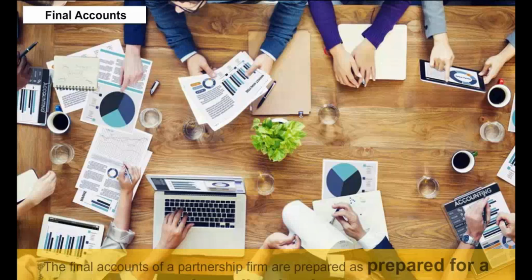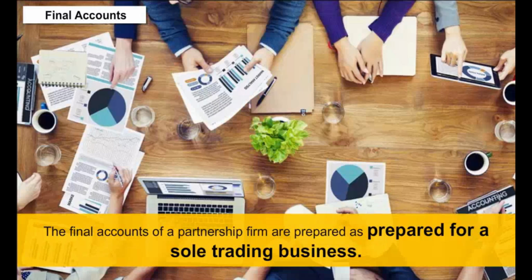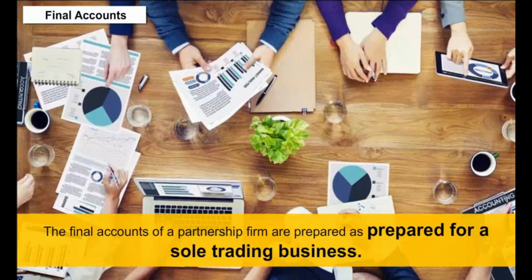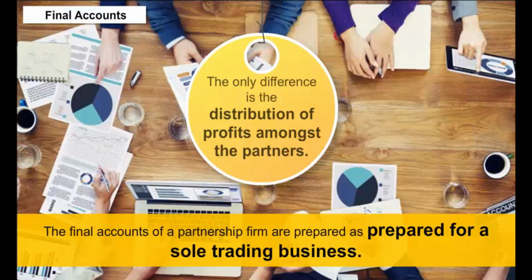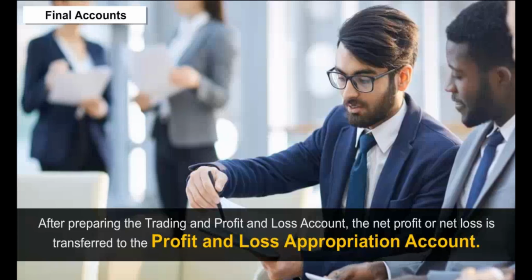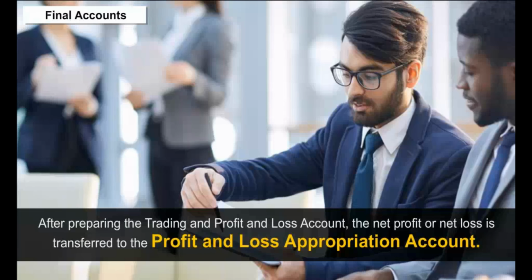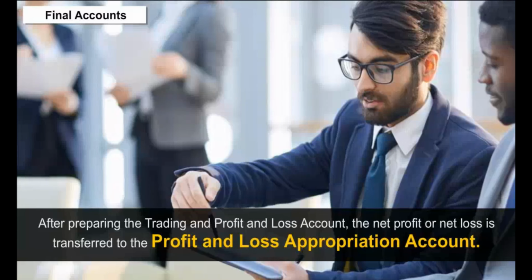Final accounts. The final accounts of a partnership firm are prepared as prepared for a sole trading business. The only difference is the distribution of profits amongst the partners. After preparing the trading and profit and loss account, the net profit or net loss is transferred to the profit and loss appropriation account.